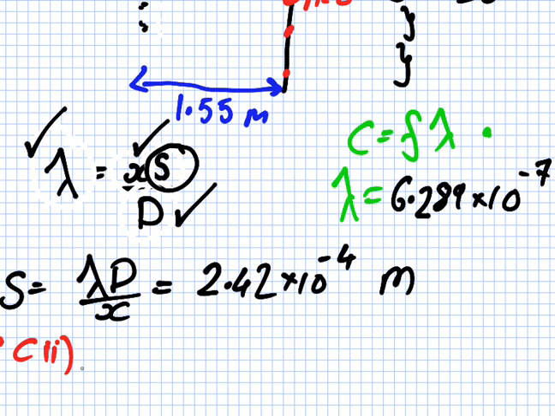So I need to retype everything in again. 6.289 times 10 to the power of minus 7 times 1.25, all over... 1.95?